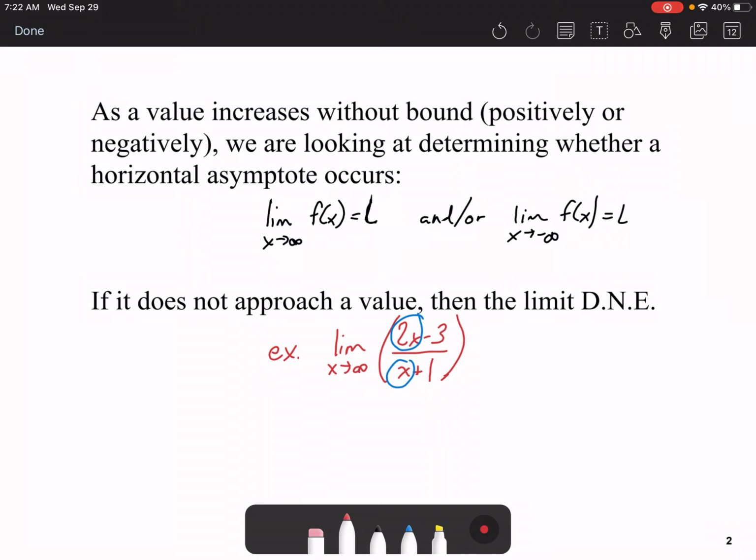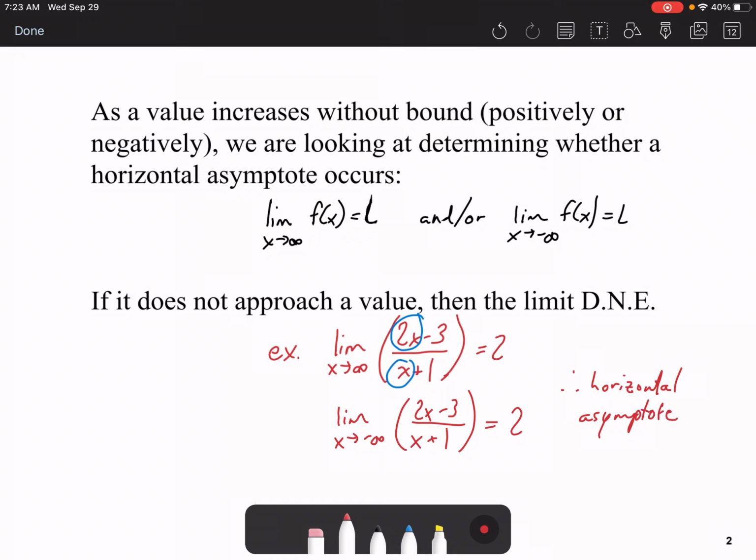So you take your 2x, you divide by x, and you get a value of 2. Likewise, if you take the limit as x approaches negative infinity for the same function, again, that also approaches 2. So that means you have a horizontal asymptote of y equals 2, that horizontal line.